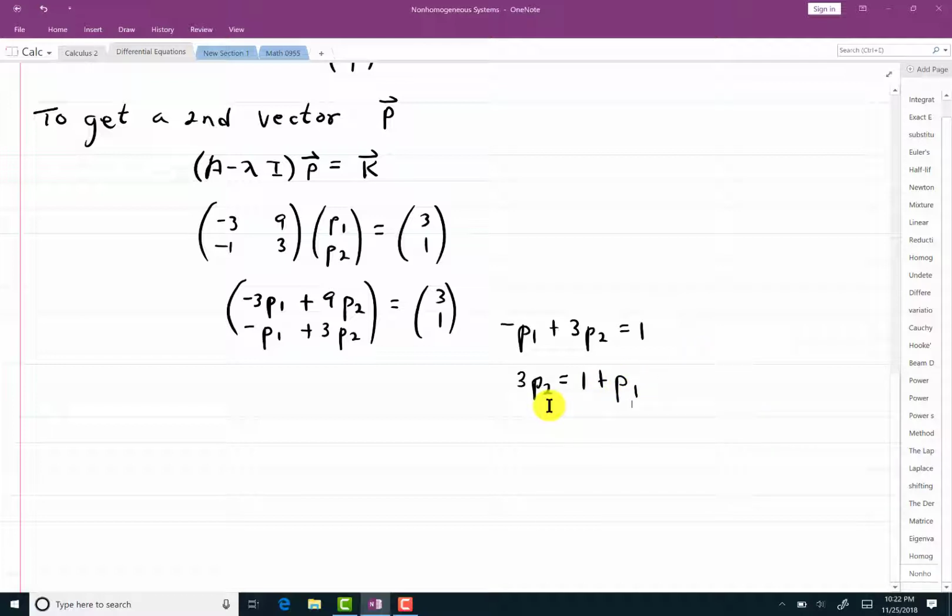Technically speaking, I could allow p2 to equal 0, and then p1 would equal negative 1. But let's say I'm going to allow p2 to equal 1. So my vector p then, if I allow p2 to equal 1, then I'll have 3 equals 1 plus p1, or p1 is equal to 2.